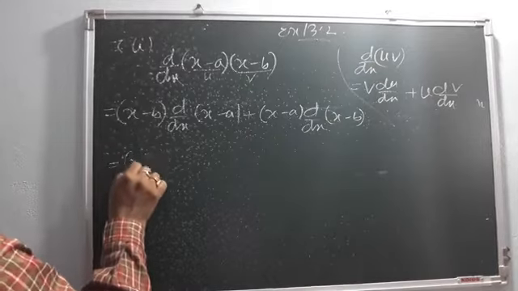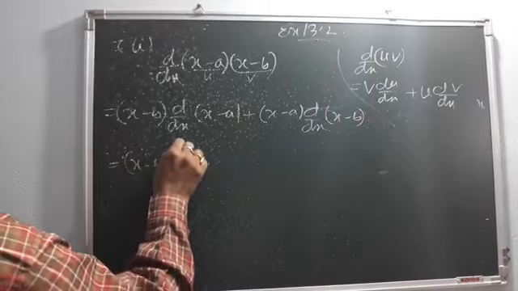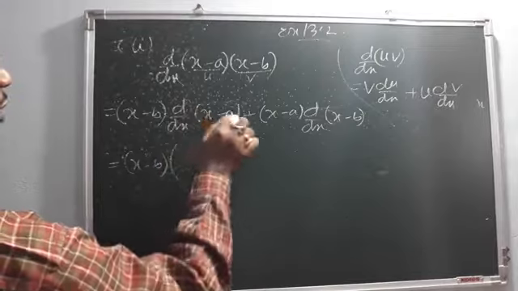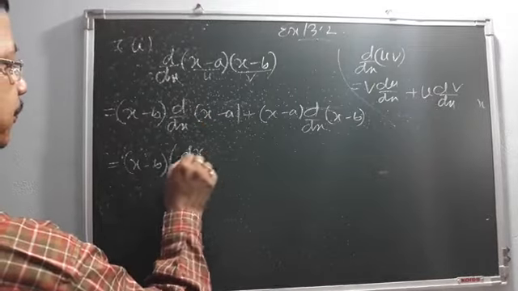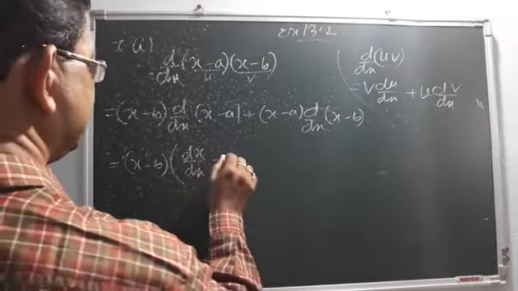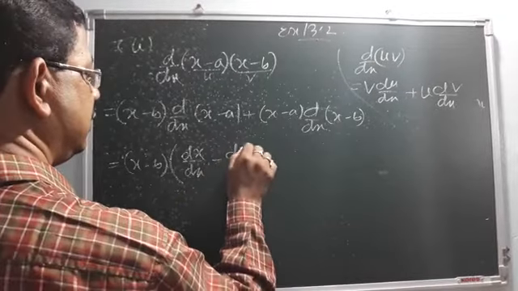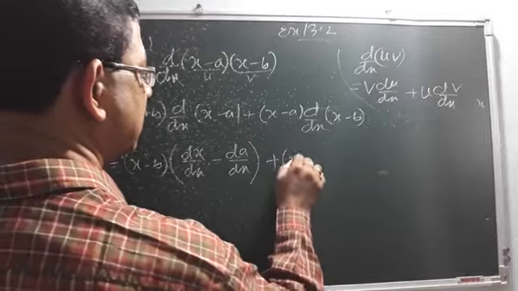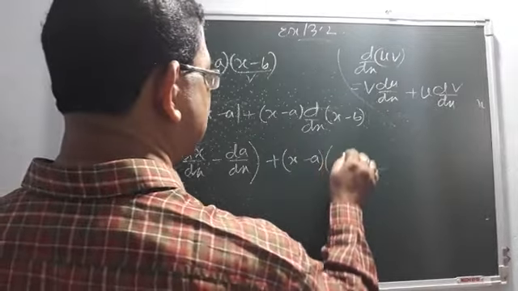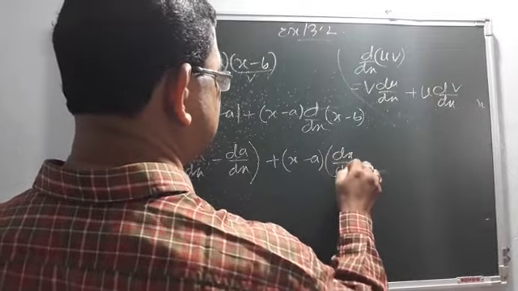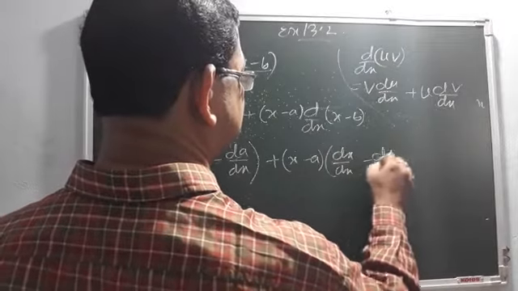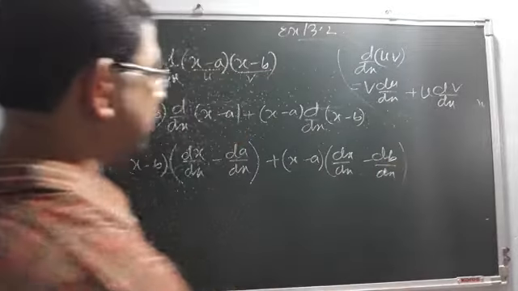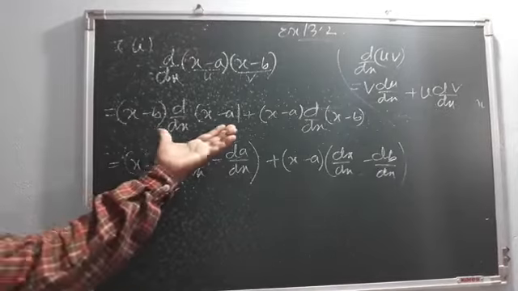Now x minus b, we will take d dx in each term. So of course it is d dx with respect to x. Here again x minus a, and here also we have to write like that. So this we can break like that.